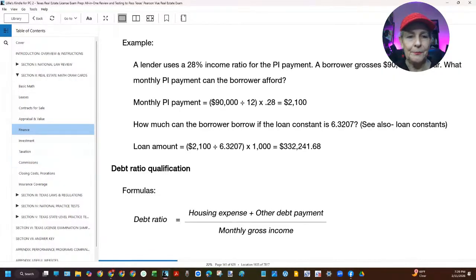All right. No questions. I hope that was helpful, reviewing leases, contracts for sale, appraisal and value, and finance. There was a lot to cover of different math topics in one session.